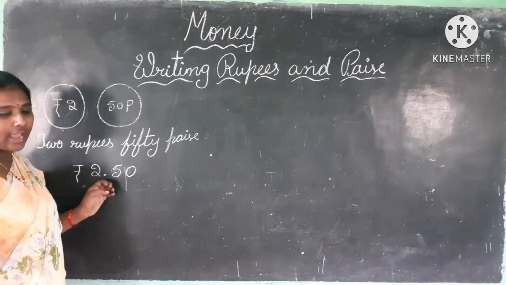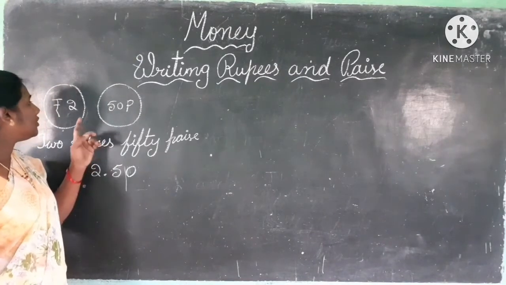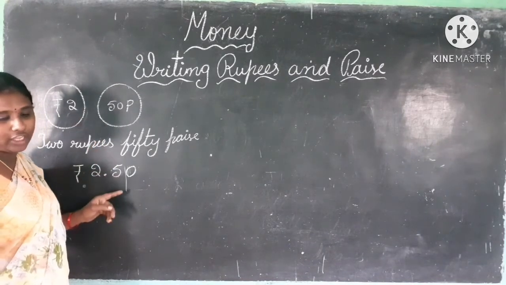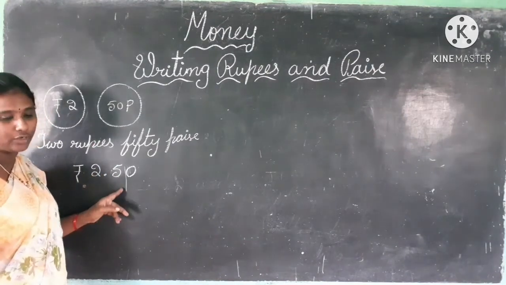We write the above money in words as 2 rupees 50 pies. It is written in figures as rupees 2.50.